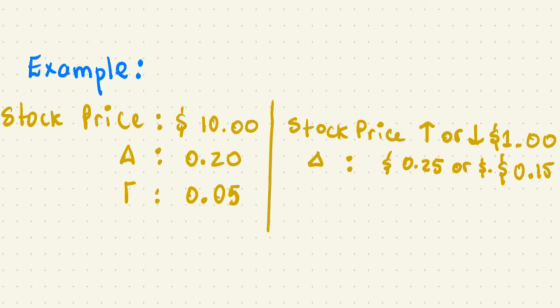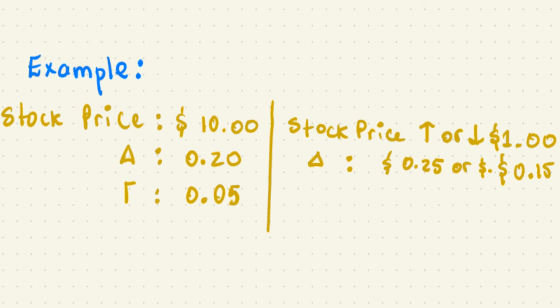This will decrease our delta from 0.20 to 0.15, right? So our option's value will go down 15 cents. So basically the same way our delta dictates our option's value based on the change of the stock price, our gamma dictates our delta based on the change of the stock price. So our gamma is our delta's boss and our delta is our option's boss.